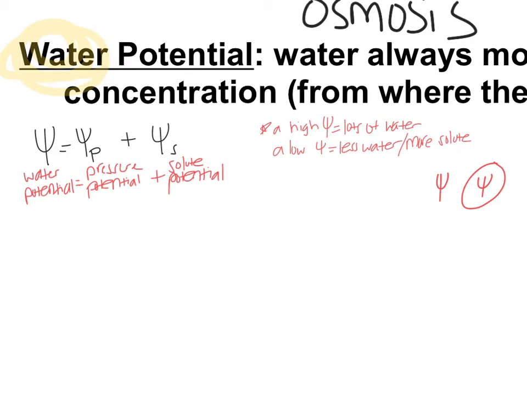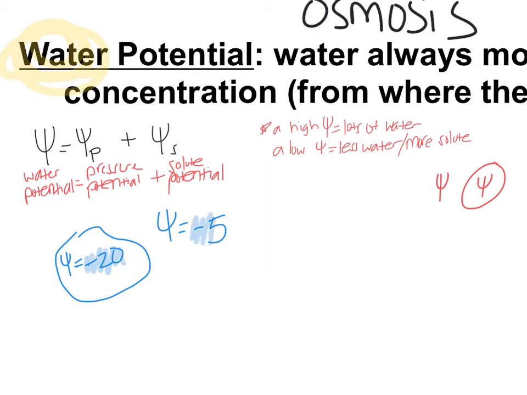So, for example, if I have a cell here, and let's say my water potential of the cell is -20. I'll come back to how we get these numbers in a second. But if the water potential is -20, and they tend to be negative numbers, and my environment has a water potential of -5, I would figure out where is the higher number. Which value indicates more water?